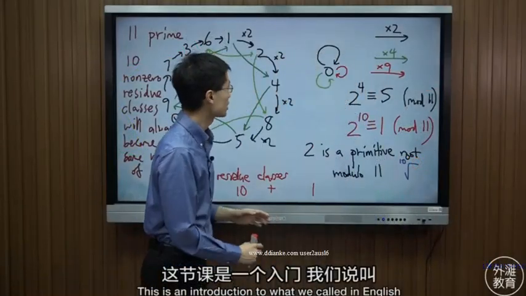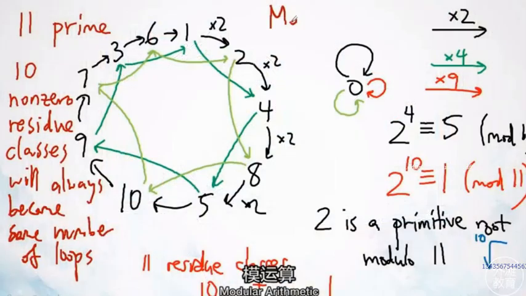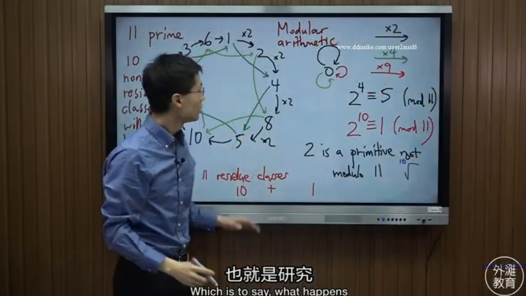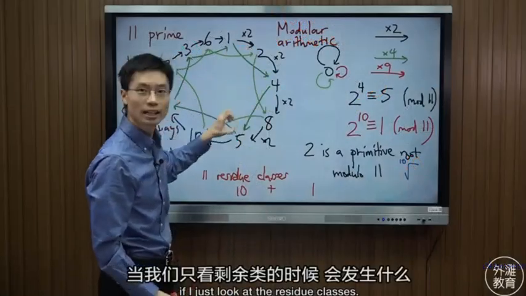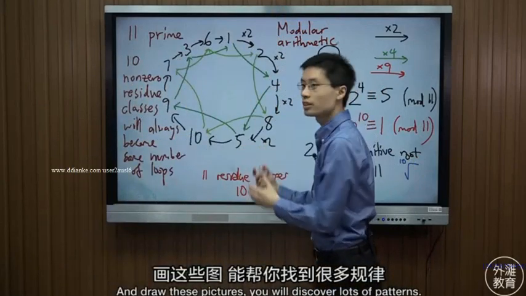This is an introduction to what we call in English modular arithmetic. Which is to say, what happens if I just look at the residue classes and draw these pictures, you will discover lots of patterns.